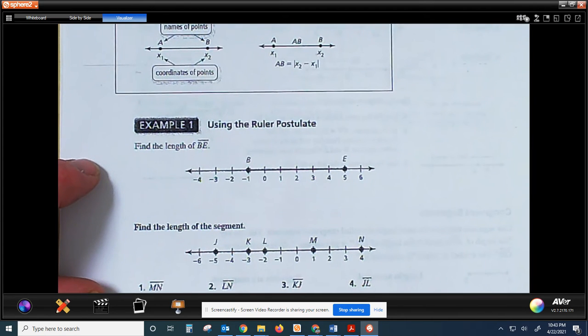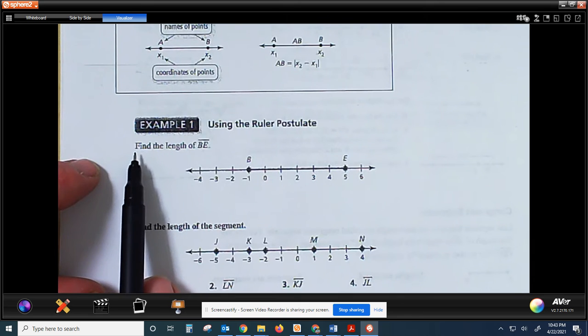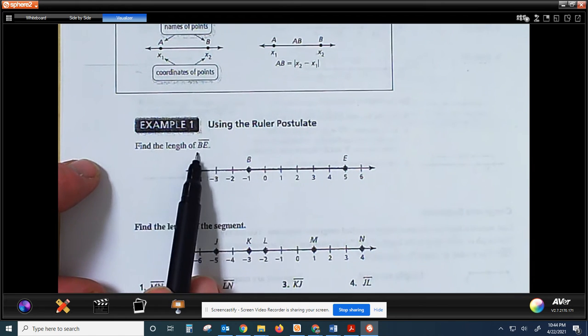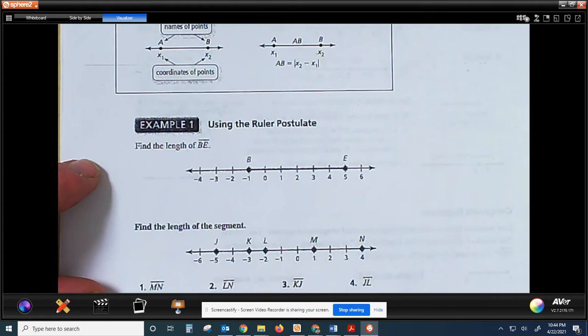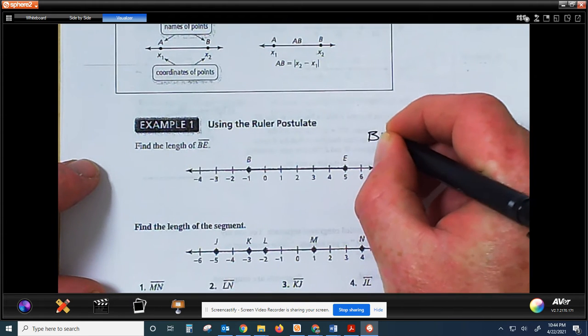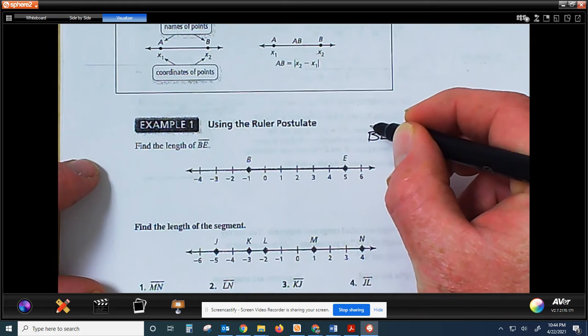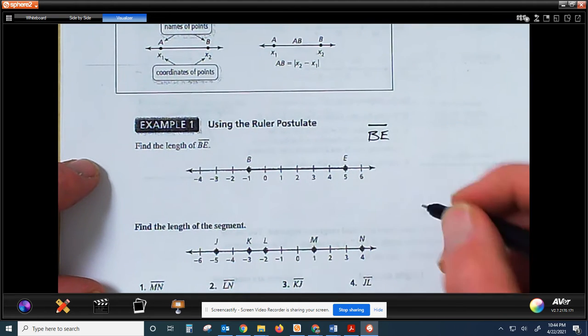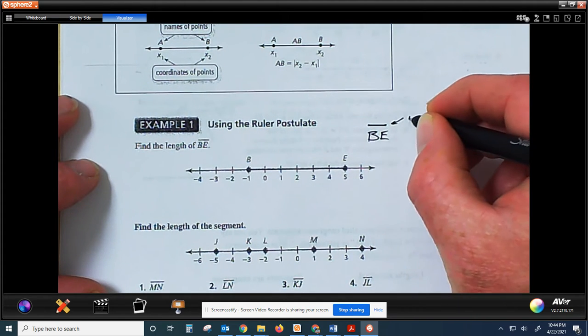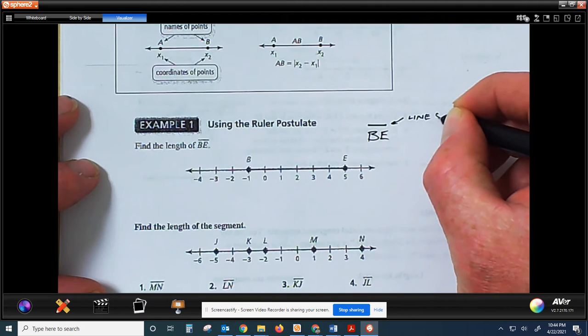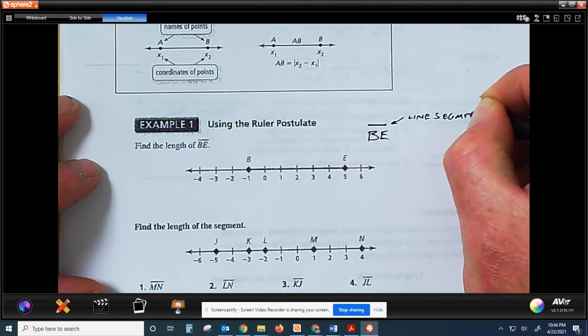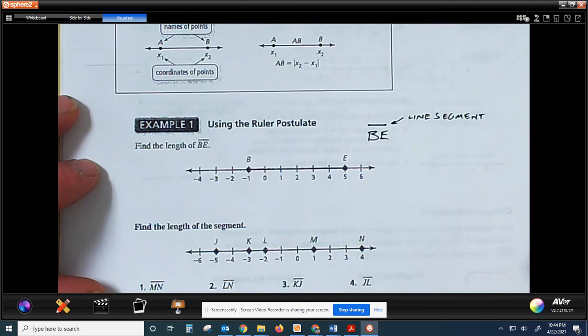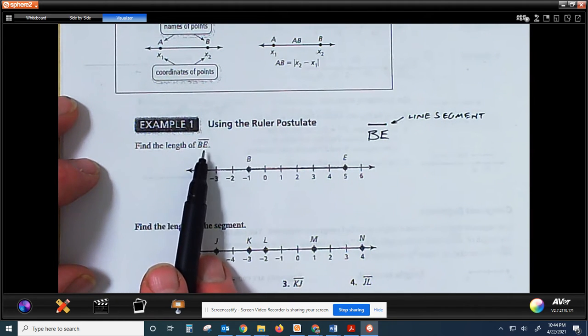studying negative numbers. So if this is in a geometric context, find the length of line segment BE. Okay, so the BE part, that's the address, and this symbol is line segment. That's what the symbol above BE means. Find the length of line segment BE.